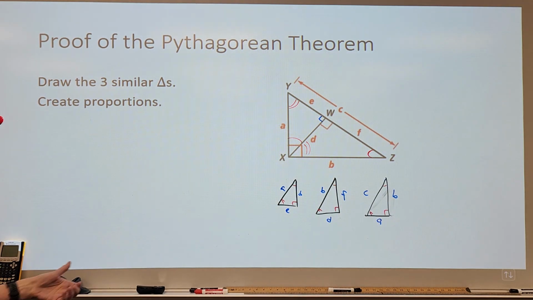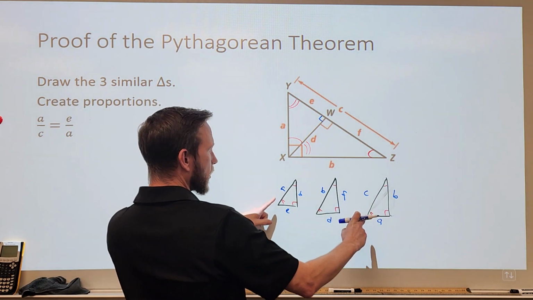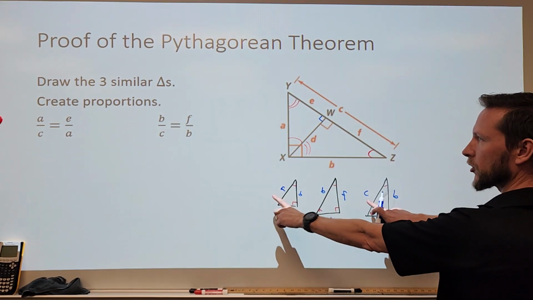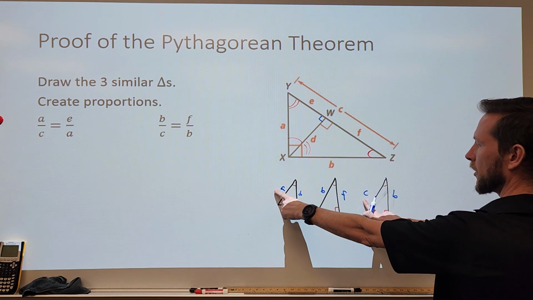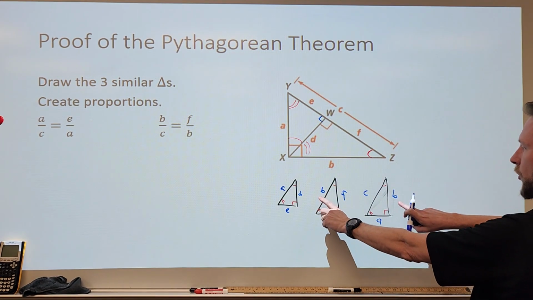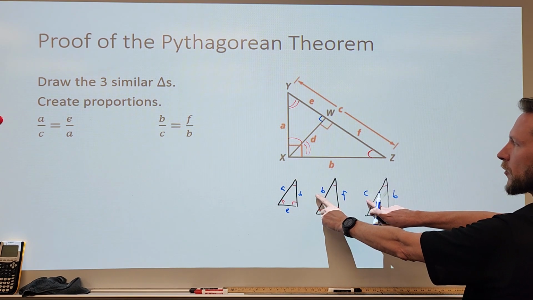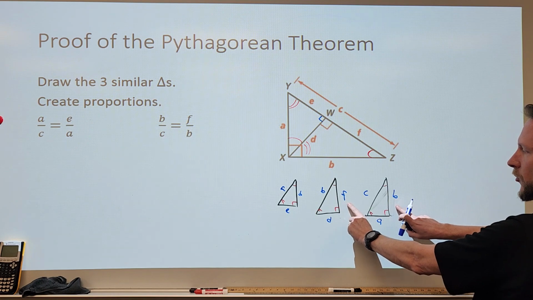This should allow us to create some proportions, and I've conveniently got those typed here. So we know that comparing in the big triangle to the little triangle, A over C is the same as E over A, right? And here we know that B over C, comparing hypotenuses, is the same as F over B, comparing those long legs.